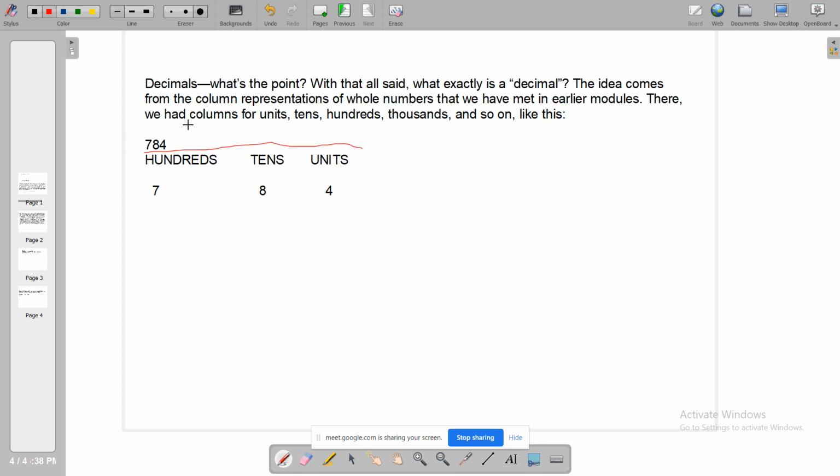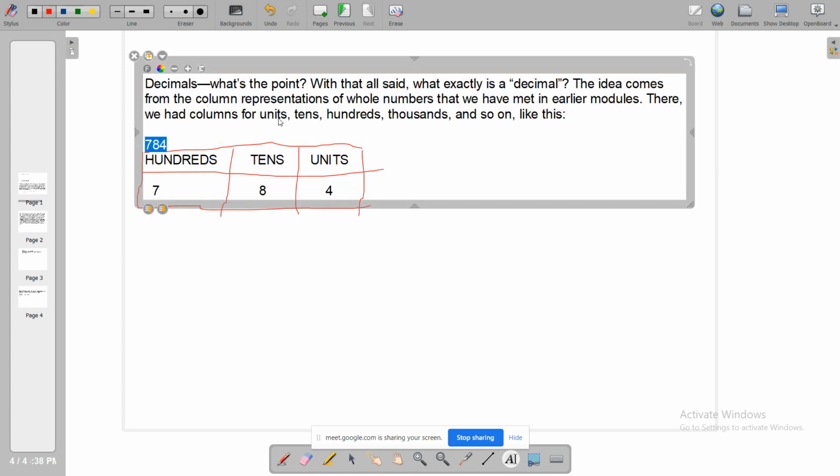So in 784, let me try to draw a table for this. This number stands for, as from what we understood, the position of the 7 here is what?